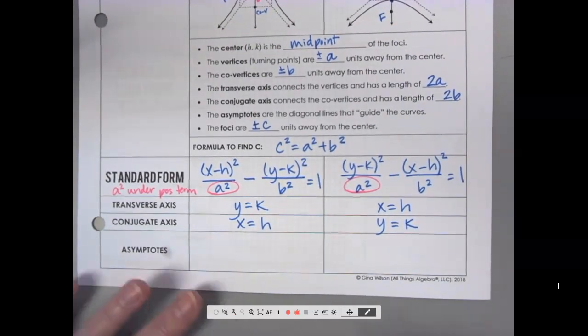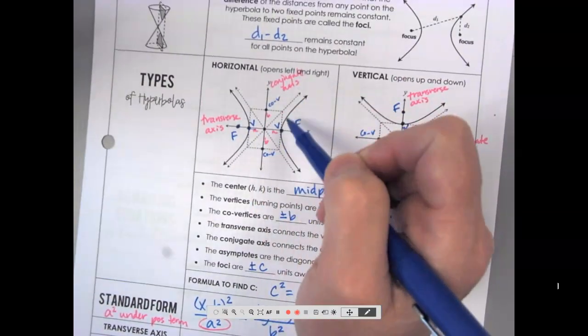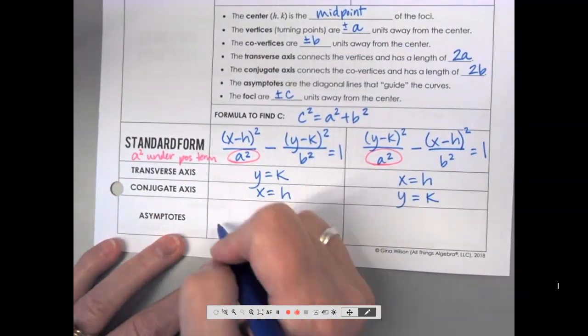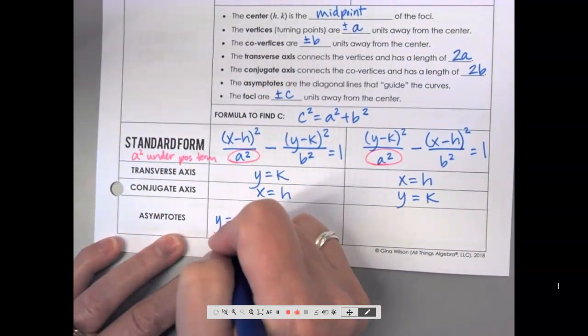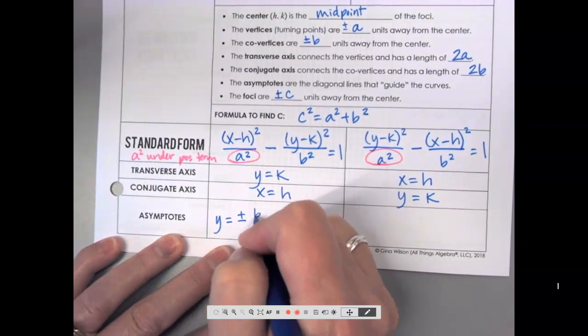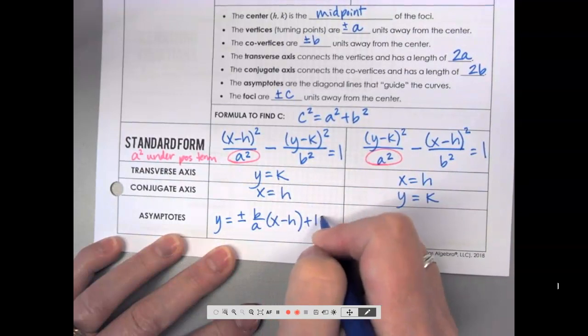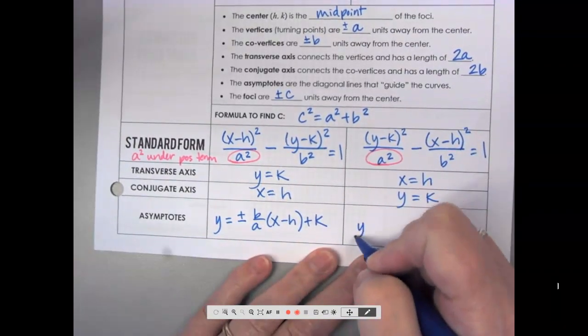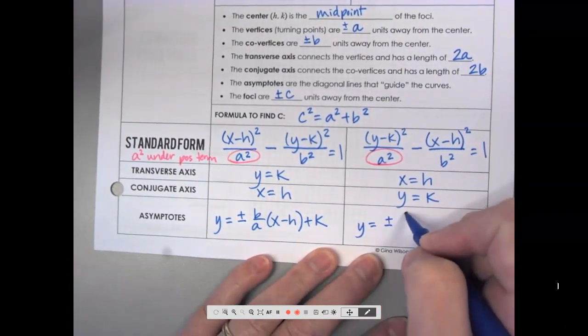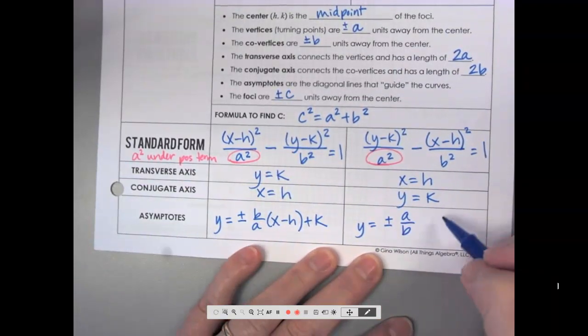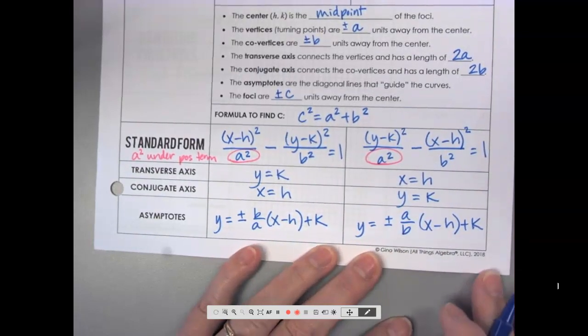And the asymptotes, here we go. So we're going to have to find these diagonal equations. And here's our formula that we will use to find them. Y equals plus or minus b over a, times (x minus h), plus k. Y equals plus or minus a over b, times (x minus h), plus k.